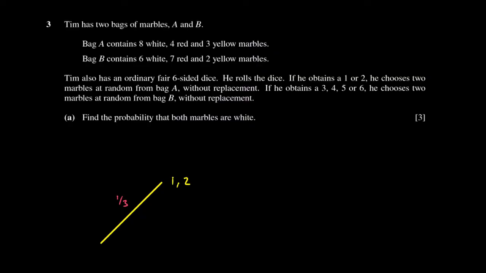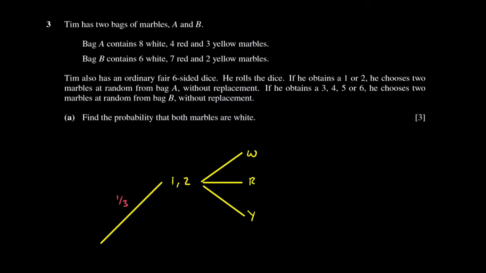Let's say that he does choose bag A because he got a 1 or a 2. Then he can get a white, a red, or a yellow. We can draw those as outcomes: white, red, yellow. But we only really care about whether he gets 2 whites, so I'm not going to draw the full diagram.